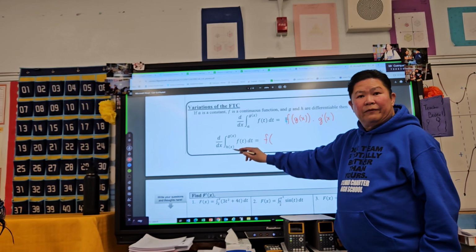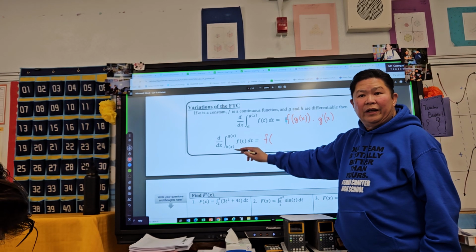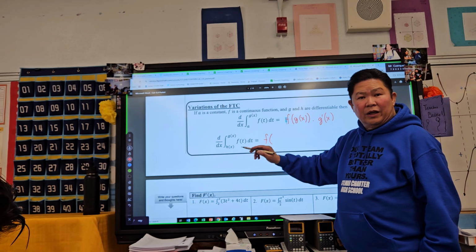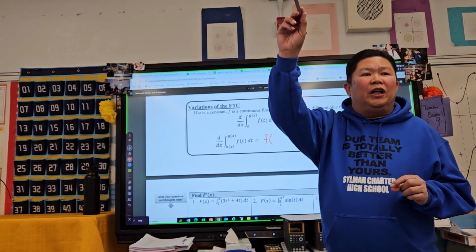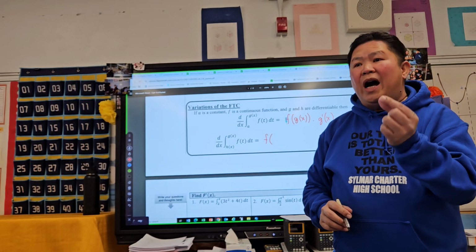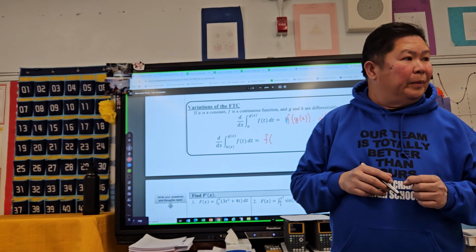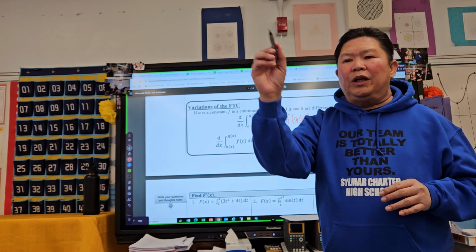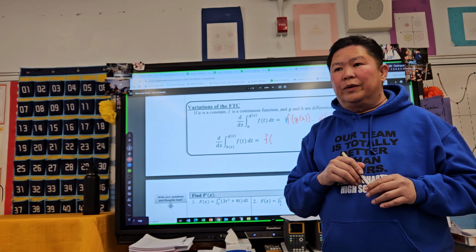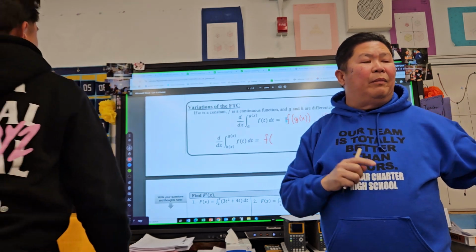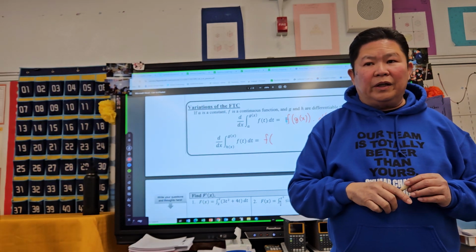The lower limit is a function h of x, and the upper limit is a function g of x. So what is the upper limit in there? g of x, minus the lower limit. That's how we do it. The upper limit minus the lower limit. It's just the same as in an interval, f of b minus f of a.